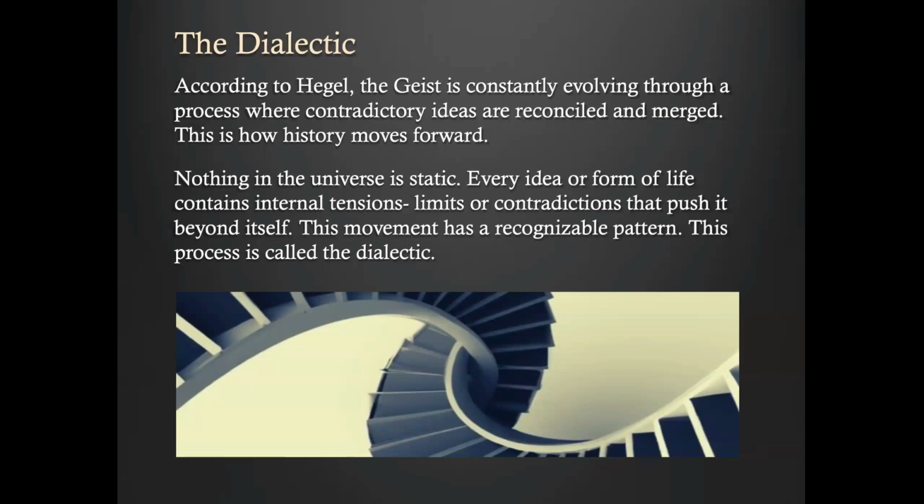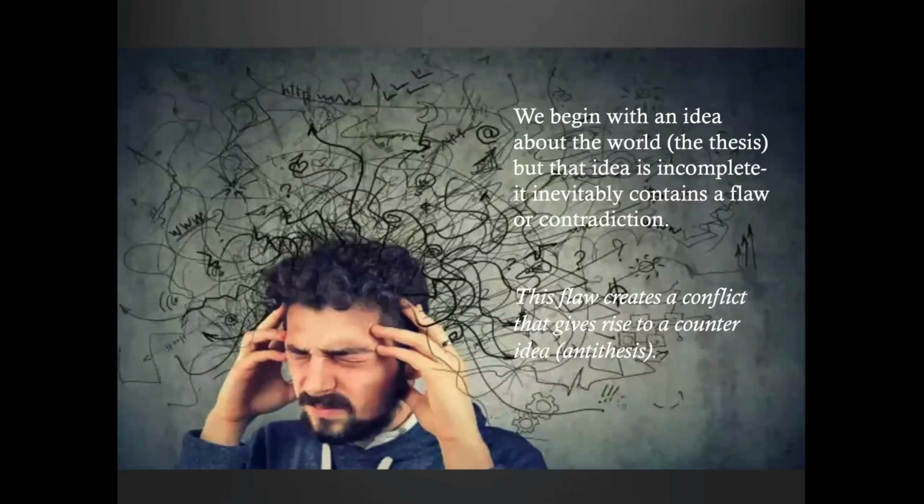Now, the movement of the conflict between these ideas actually has a recognizable pattern. And this process is called the dialectic. We begin with an idea about the world. That's our thesis. Now, Hegel doesn't use this simplistic language, but for our purposes, this is perfectly fine.